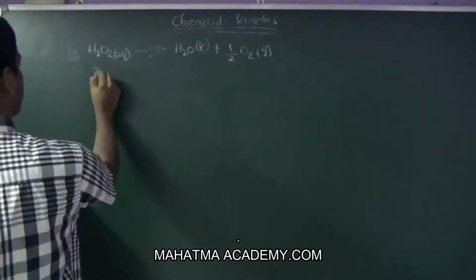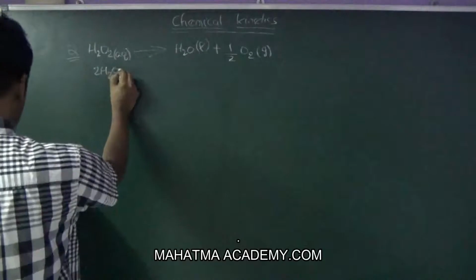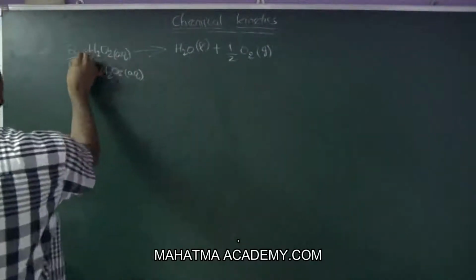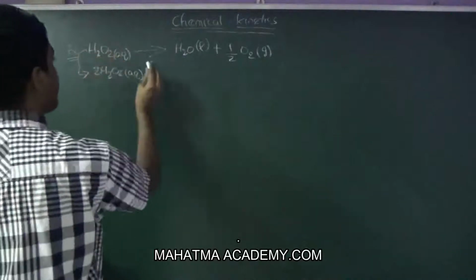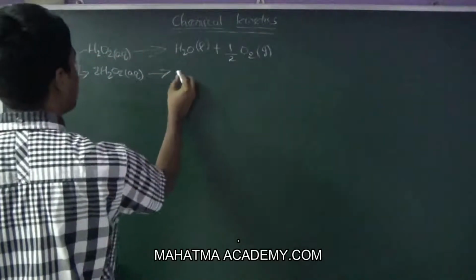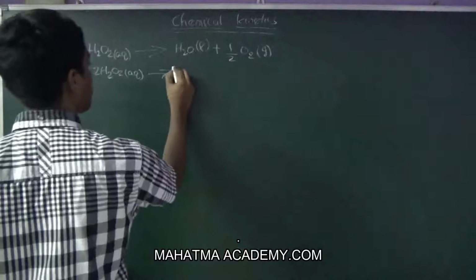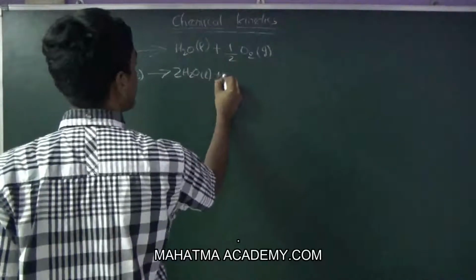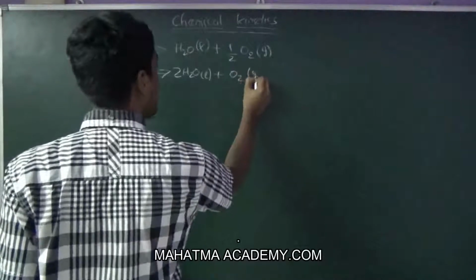If we write this multiplied by 2, it becomes 2 H2O2 aqueous gives 2 H2O liquid plus O2 gas.